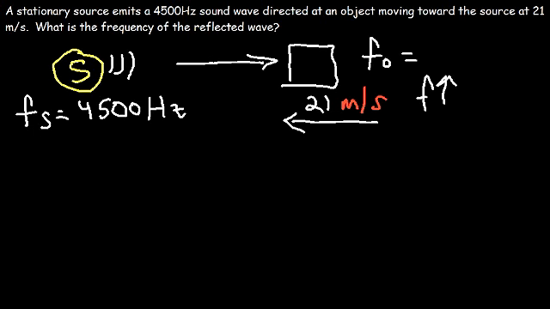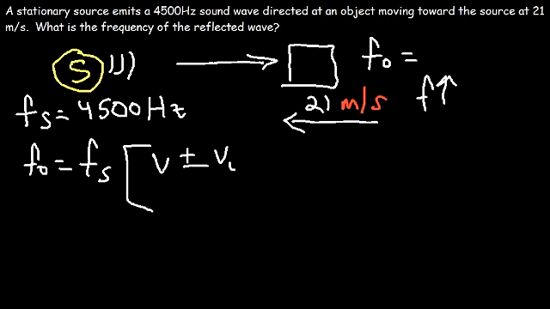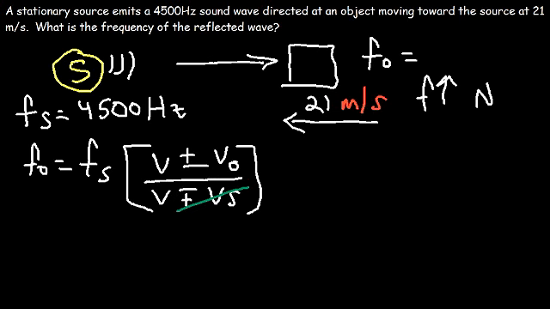So using the equation, Fo equals Fs times (V plus or minus Vo) divided by (V minus or plus Vs). Vs is 0 because the source is stationary, so we don't need to focus on the denominator of the fraction. Now, if the frequency goes up, that means the value of the numerator must go up. So we need to use the positive sign.